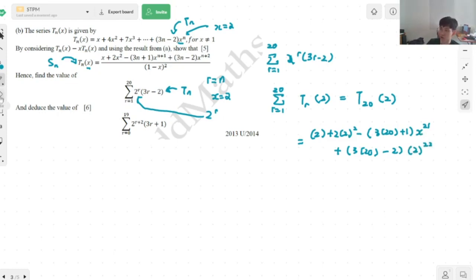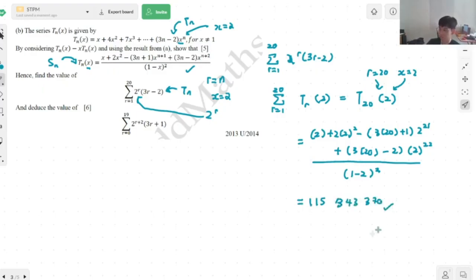I forgot to change this x, so I'm changing this x back to 2. So in this case, I know that r is equal to 20, x equal to 2. Please determine it correctly and substitute into this formula, over 1 minus 2 squared. Then I use my calculator. I will get a very big value, 115,343,370. So this is the answer for the first one.